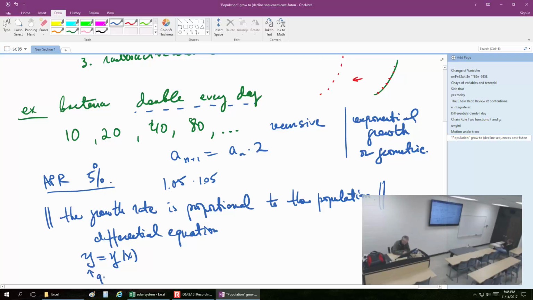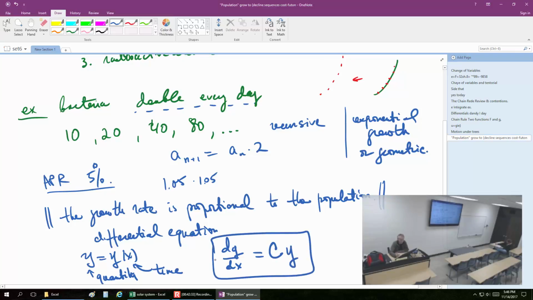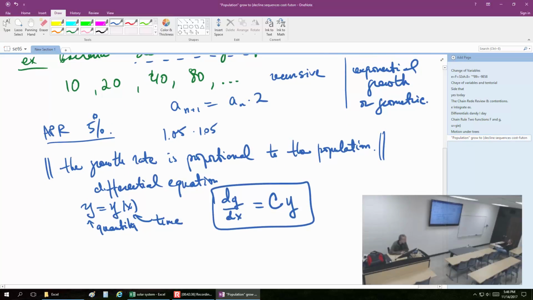So this is the quantity, and x is time. Then dy/dx is proportional to, let's just say, a constant times y. This is the differential equation describing the population growth.